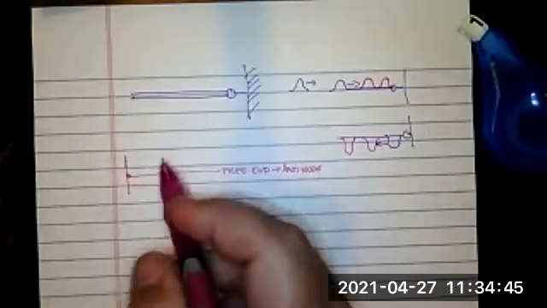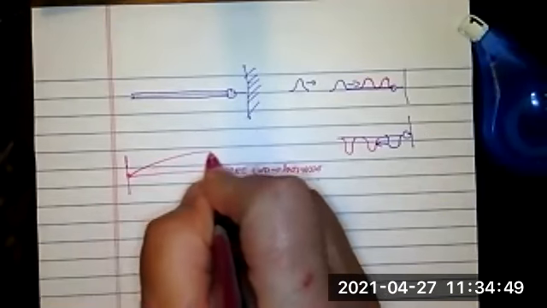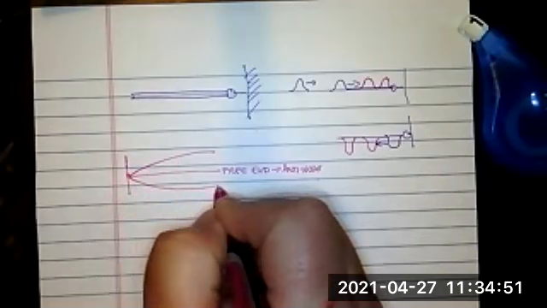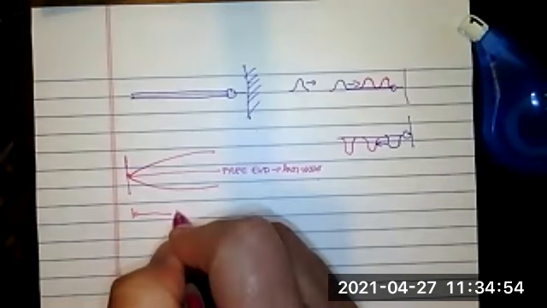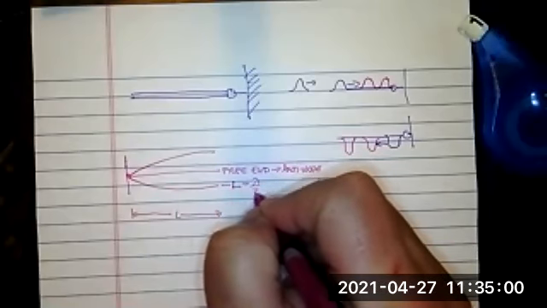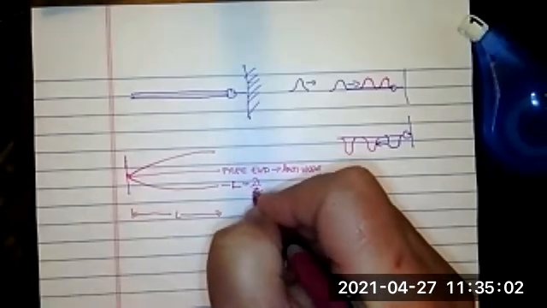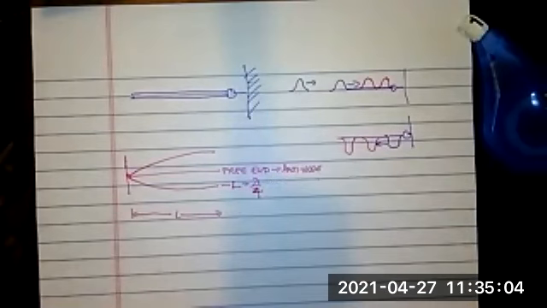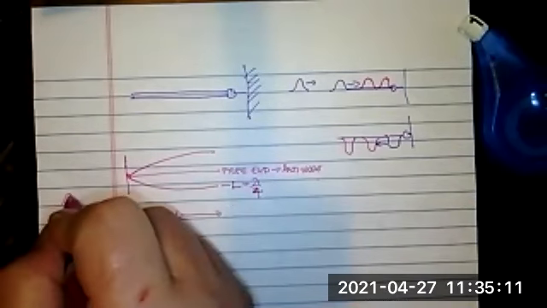What we can get is a standing wave that looks like this, where the length of the string, L, is equal to a quarter of a wavelength. Remember, a wavelength is basically this typical scenario.